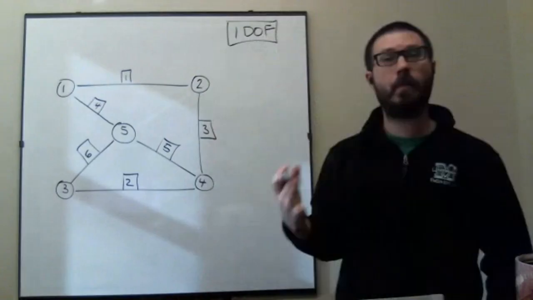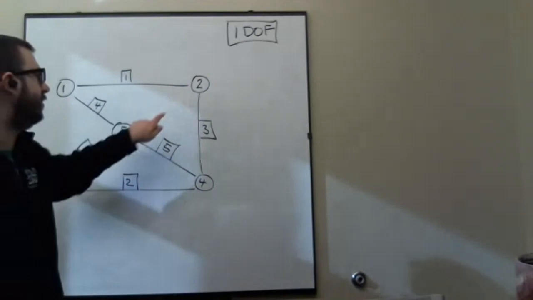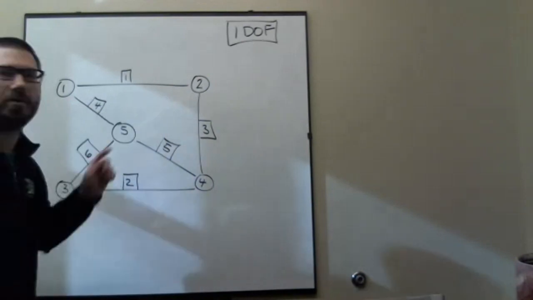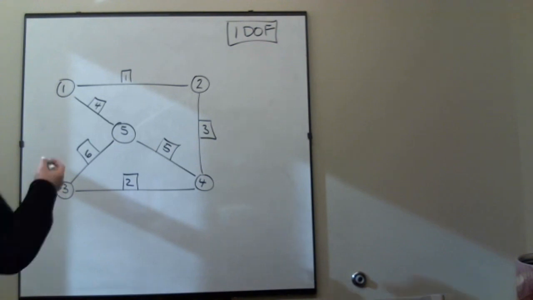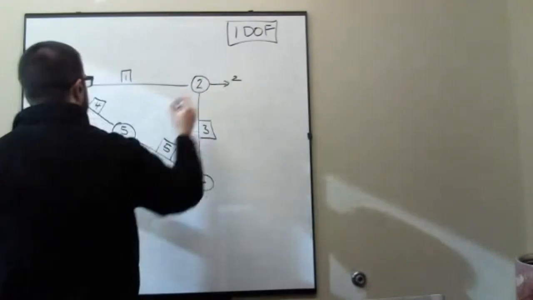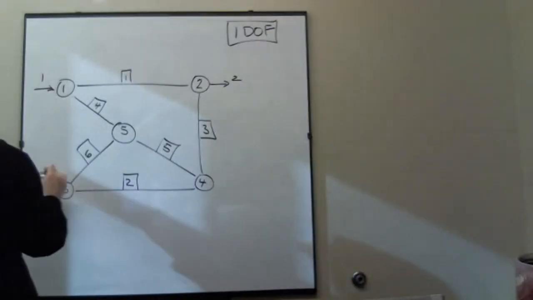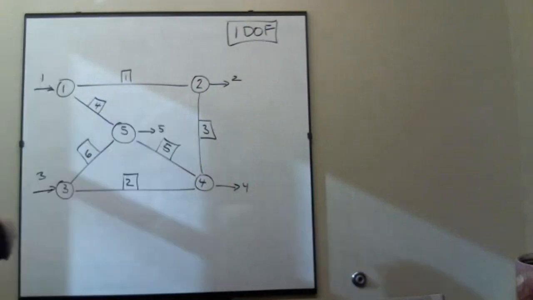For instance, here's joint 1, joint 2, joint 3, joint 4, joint 5. I really wanted you to start thinking about problems in terms of degrees of freedom. We assumed degrees of freedom in the x direction, so that's 1, 2, 3, 4, 5.